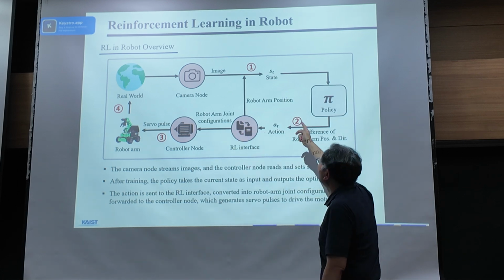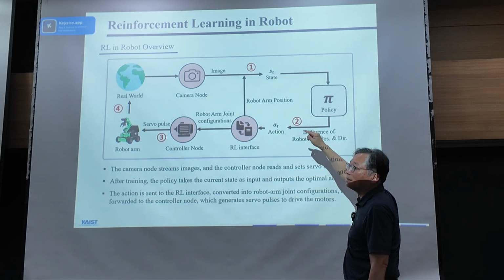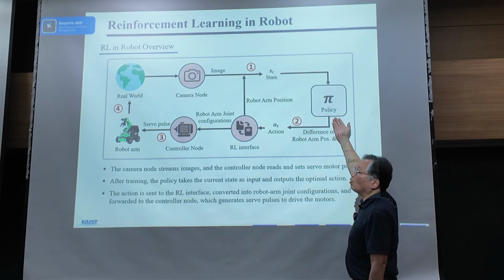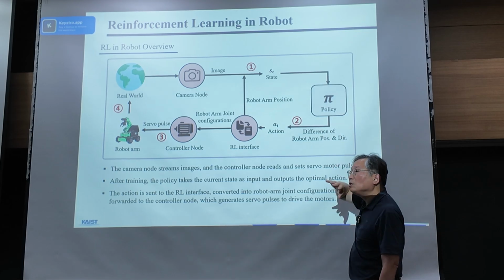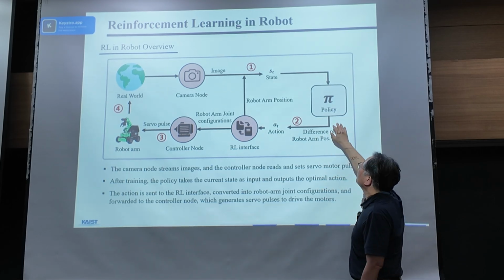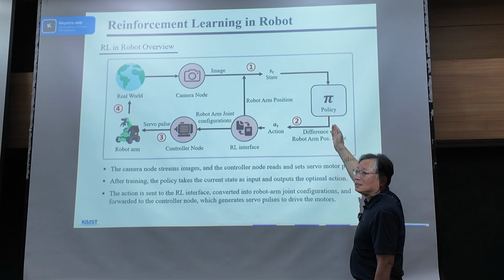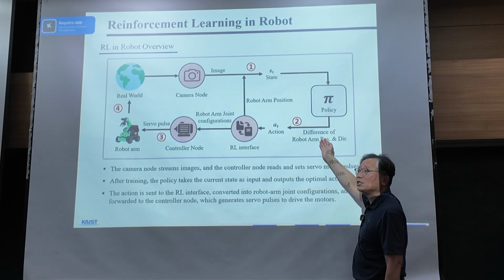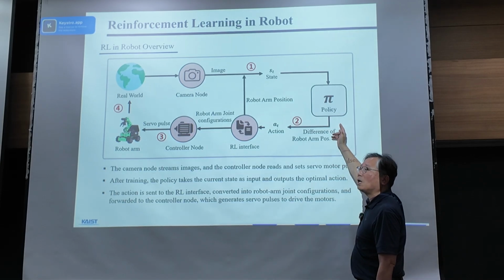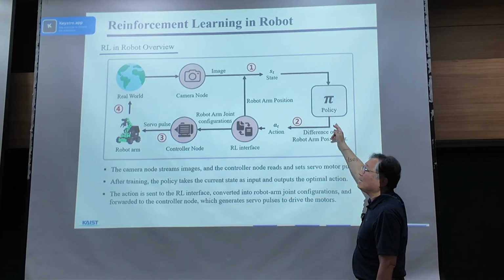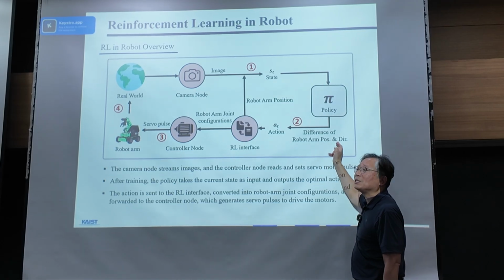Okay, that's one. That state is defined, ST. And the robot will have a policy. Okay? You need to design your policy. What is a policy? It takes the state and produces what? This policy is just a function that takes the state and produces an action.